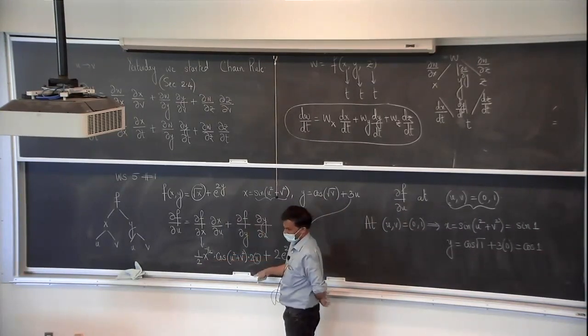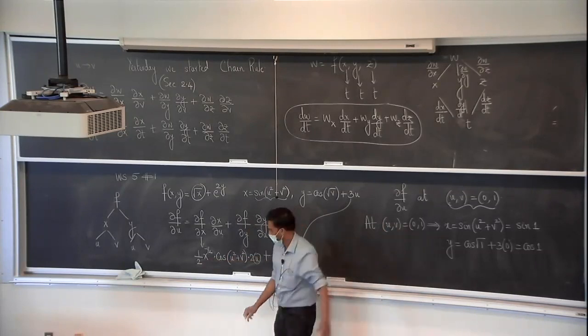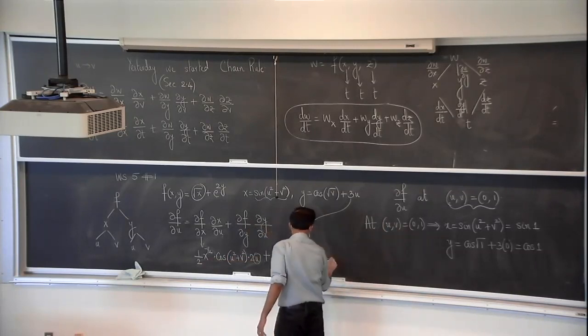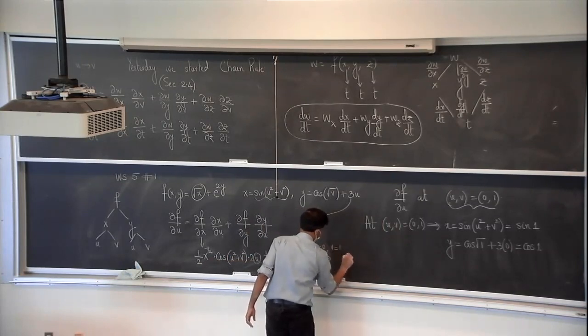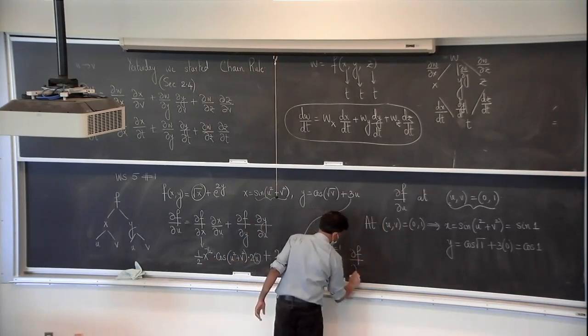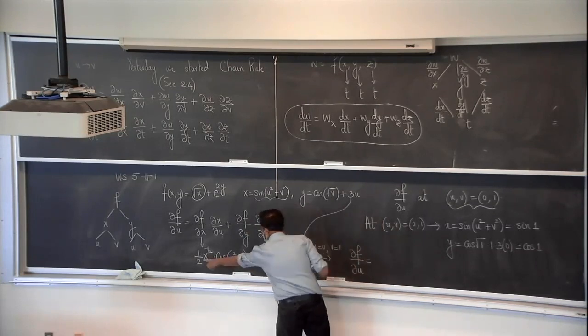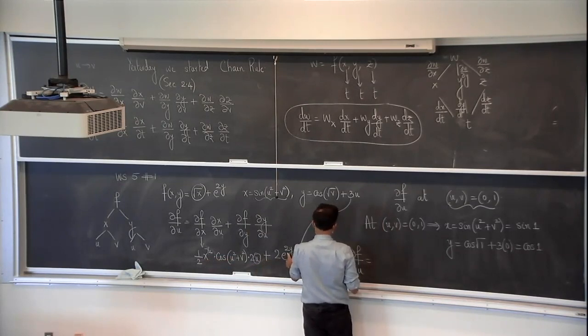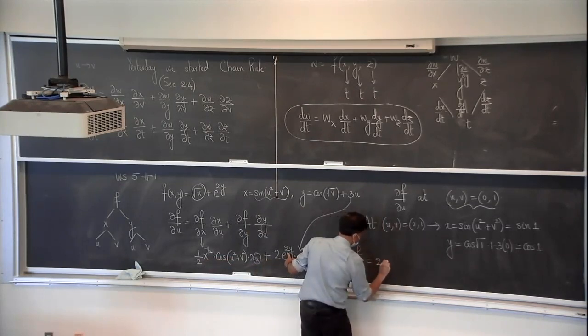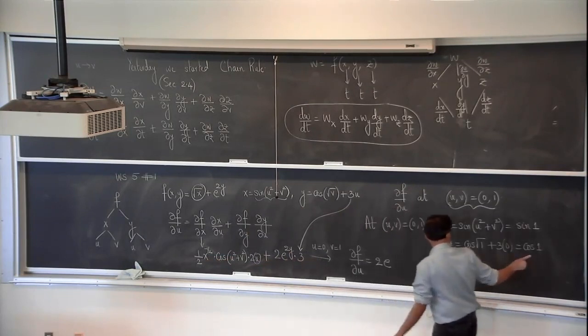So actually we didn't have to do that. Because when you plug in at U equal to 0 and V equal to 1, the partial of F with respect to U would be that entire term times 0, that's a 0, plus 2 times e to the power of 2y, okay, y is cosine 1.